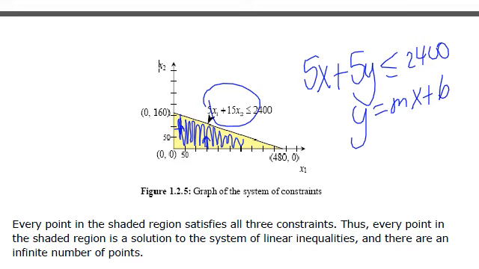But I would subtract 5x on both sides to get 5y less than or equal to negative 5x plus 2400, and then I would divide the 5 on both sides. So 5y over 5 reduces to just y, less than or equal to negative x, because of the minus 5x on both sides.